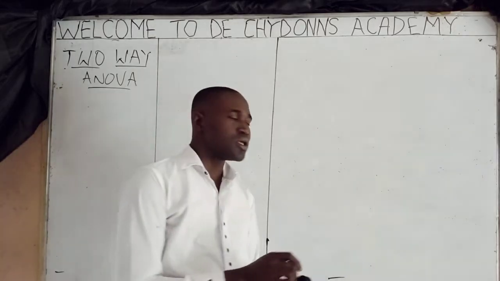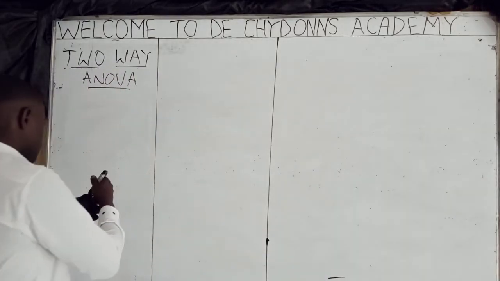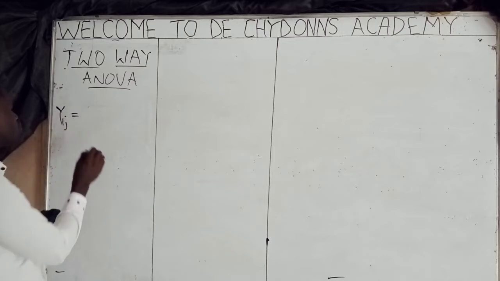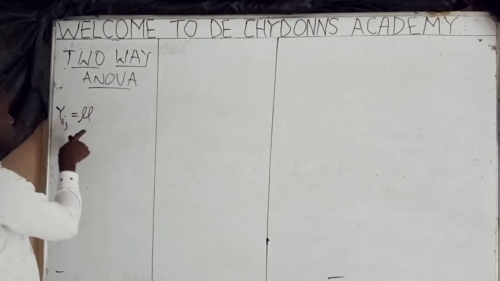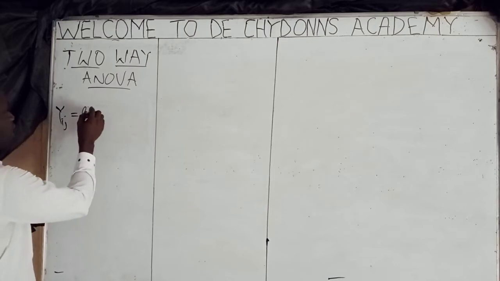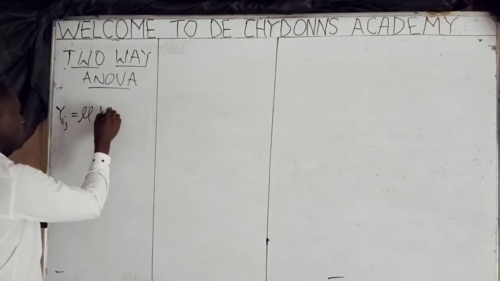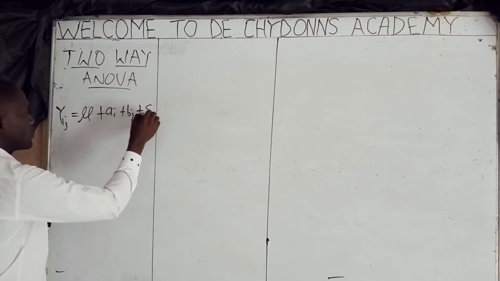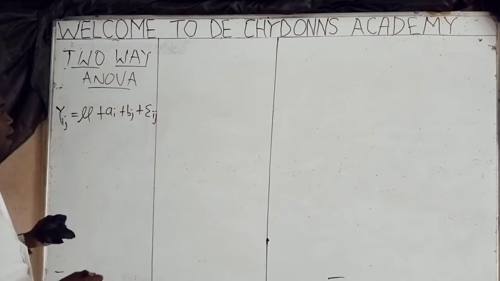The model is made up of Yij equals overall mean plus Ai plus Bj plus random error.